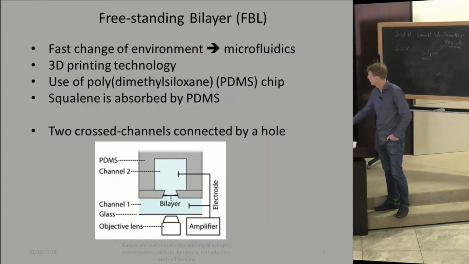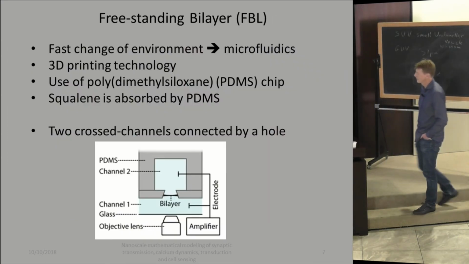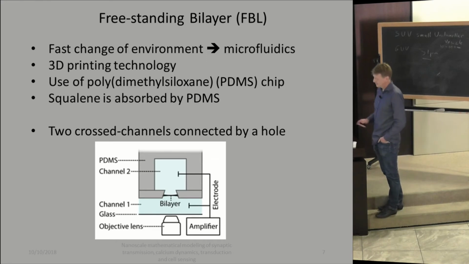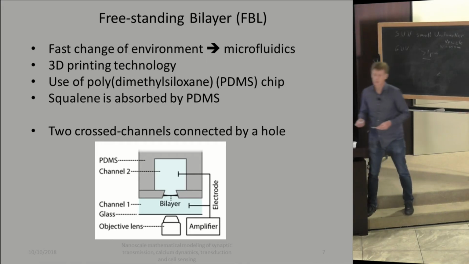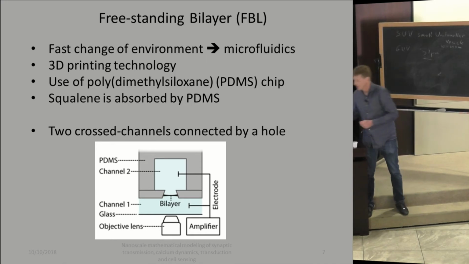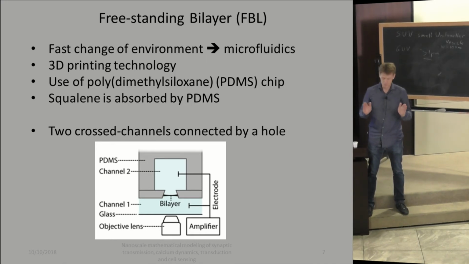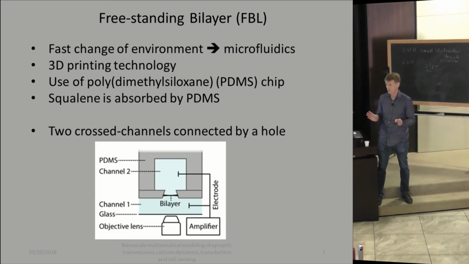So first, the freestanding bilayer, FBL. What is it? Basically, the principle is rather simple. You have two channels. The idea is simple: we want to change the environment quickly. We thought the only way to do that is microfluidics.